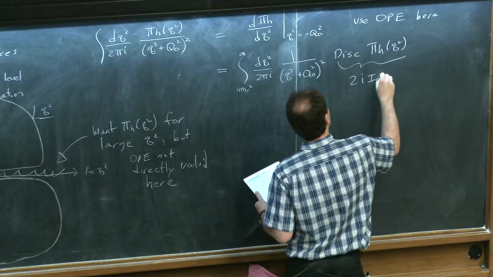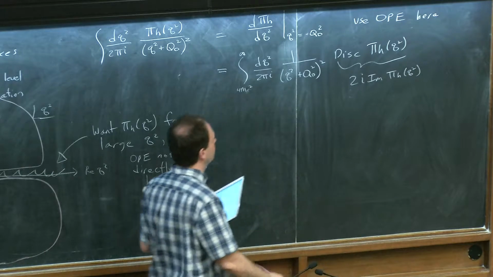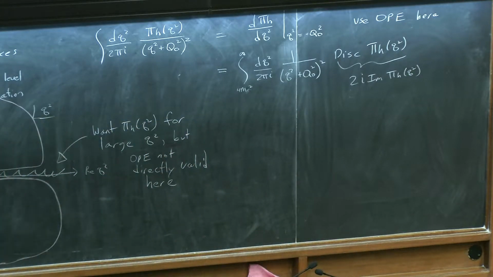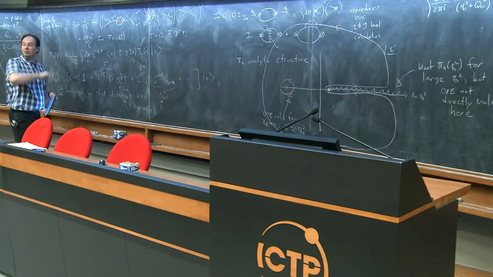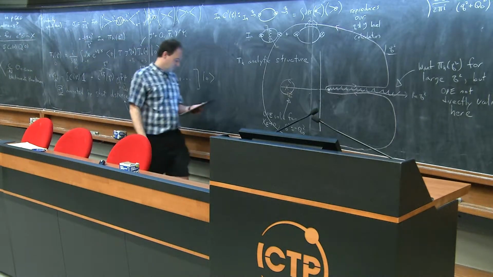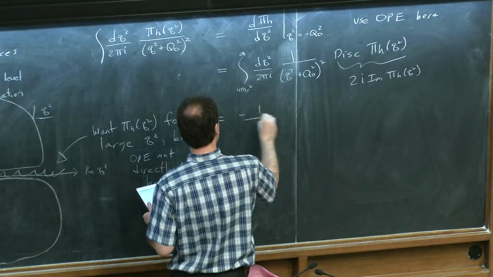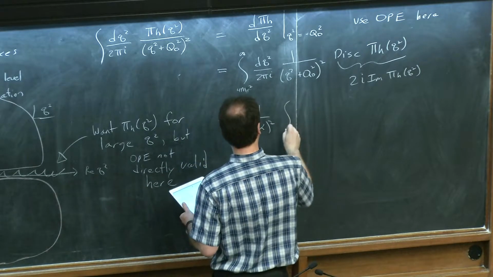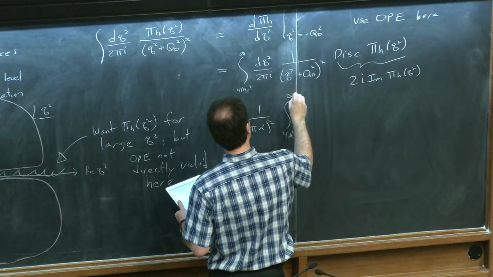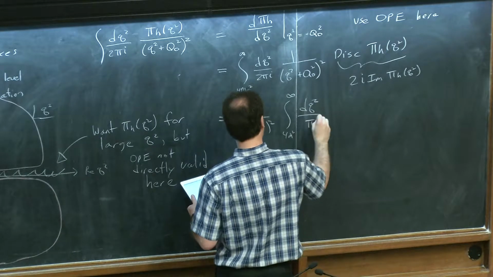So the discontinuity is just the imaginary part across the cut. And that imaginary part of pi h is just related to the cross-section. So really what we have here, putting in some prefactors, is an integral over the cross-section.